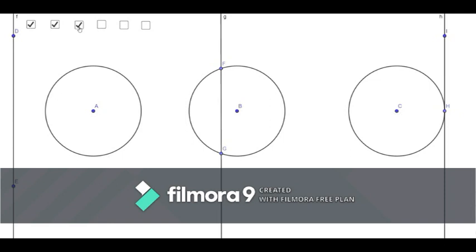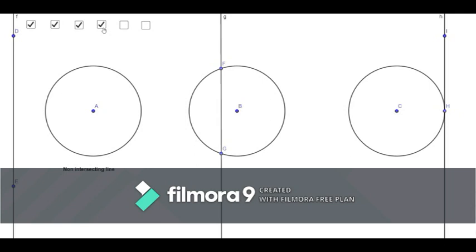But observe the difference. What is the difference between the three figures? In the first figure, the line does not have any common point with the circle, right? Such lines are called non-intersecting lines.